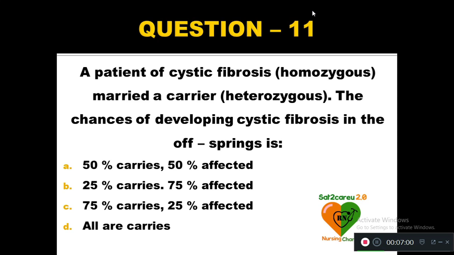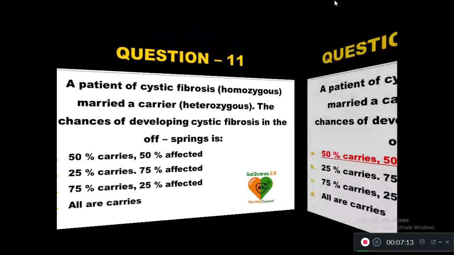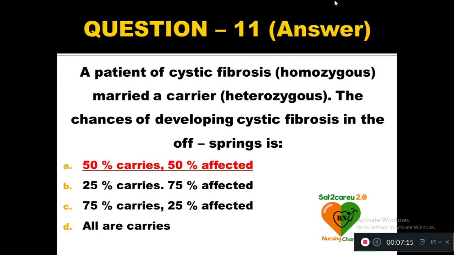Option C, 75% carrier and 25% affected. Option D, all are carriers. So which is the correct answer? Let's see the right answer. Option A, 50-50. That is 50% carrier and 50% chance of getting affected.